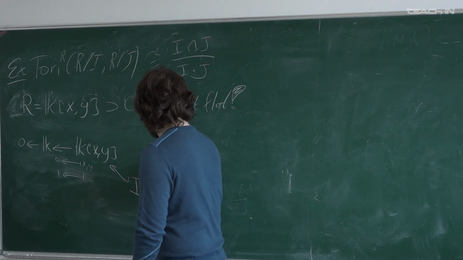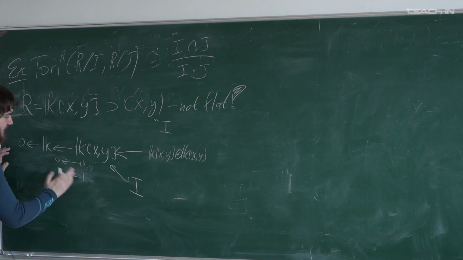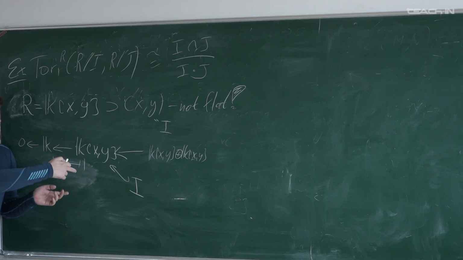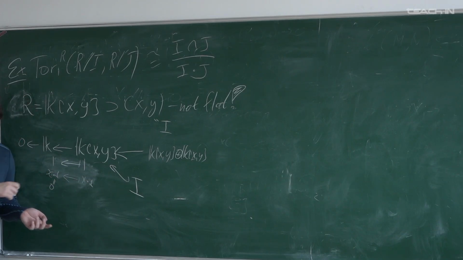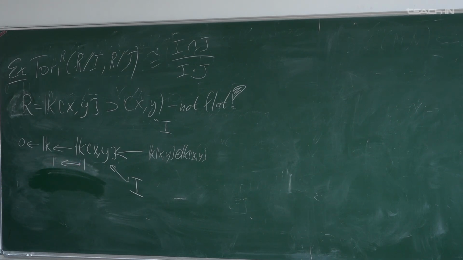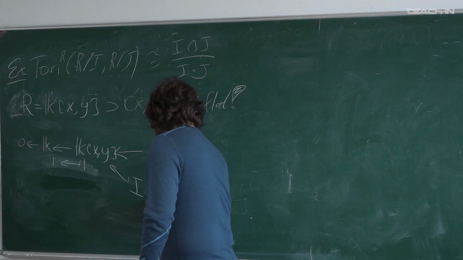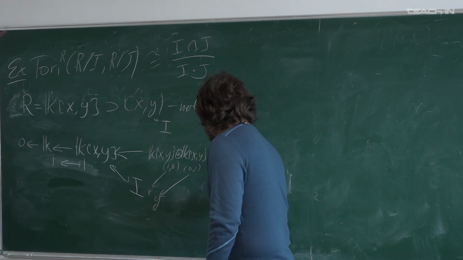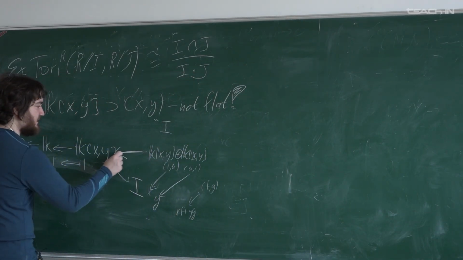I only need to say that 1 goes to x and 1 goes to y, because all these maps are maps of R-modules, so by R-linearity, the pair (f,g) goes to xf plus yg. And this is a surjection, and its image is exactly the kernel.